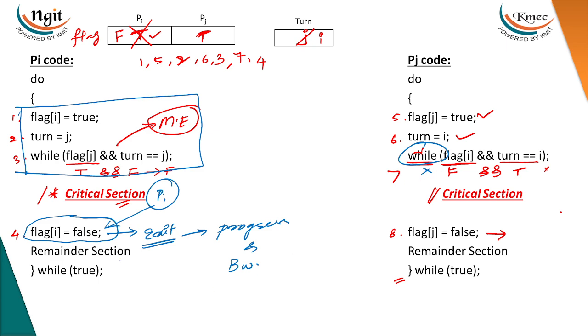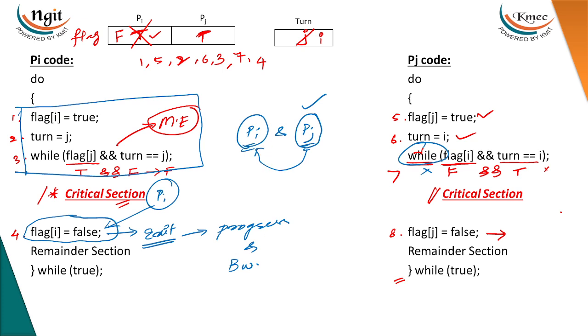That means if two processes Pi and Pj are in the race, after Pi comes out, Pj will be executed. That means after Pi, Pj will be selected to execute. Similarly, after Pj, then Pi will be executed.